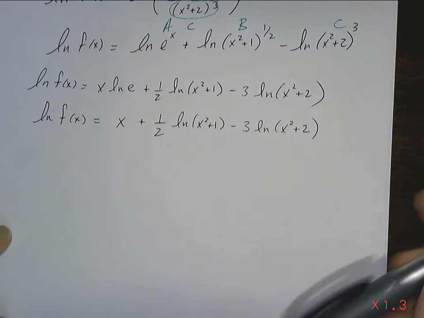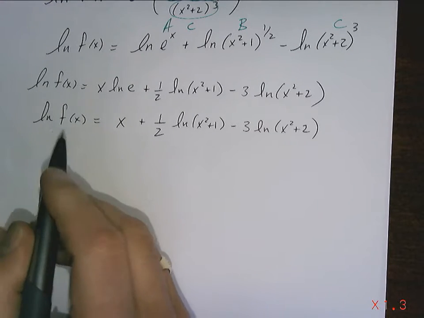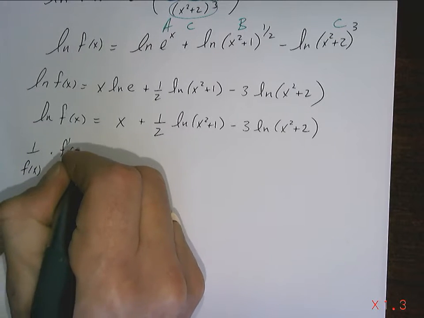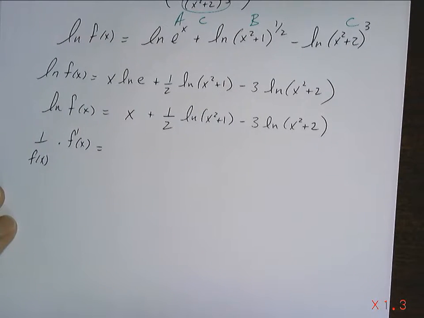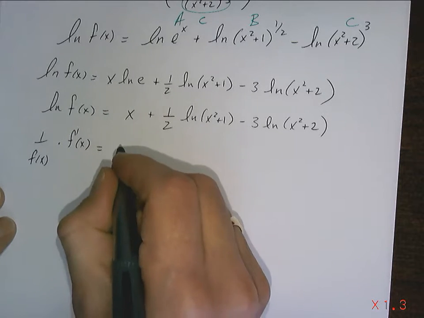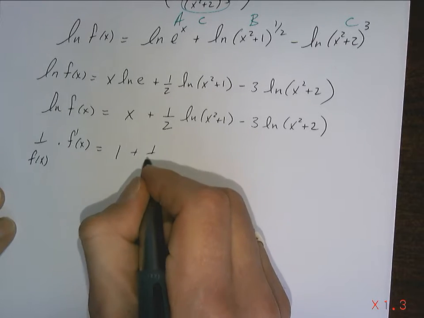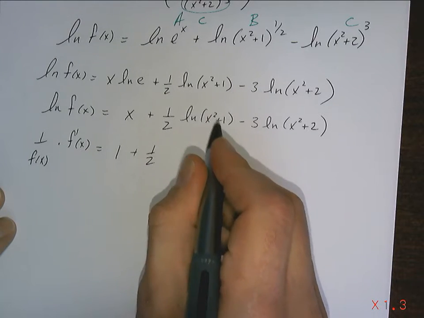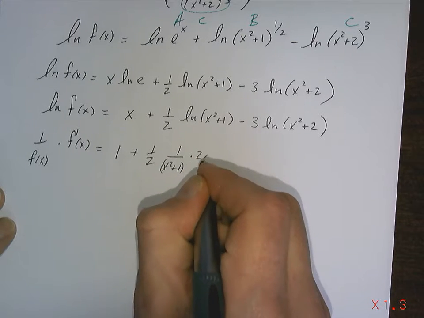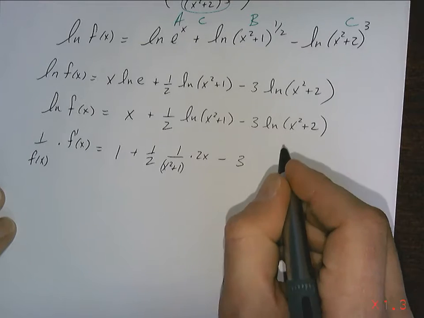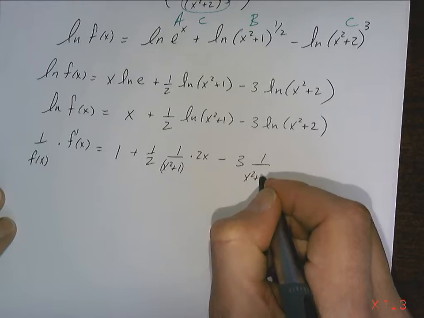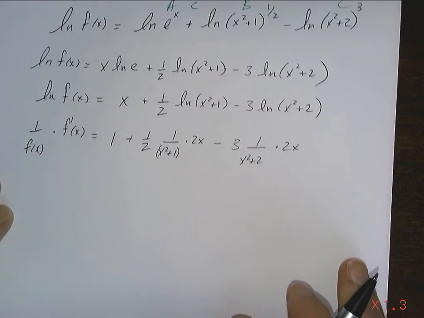Now, take the derivative of both sides. This is different. It doesn't have a y. You can handle it. It's 1 over f of x times f prime of x. The derivative of x is 1. The derivative of ln of x squared plus 1 is 1 over x squared plus 1 times 2x. The derivative of ln of x squared plus 2 is 1 over x squared plus 2 times 2x.